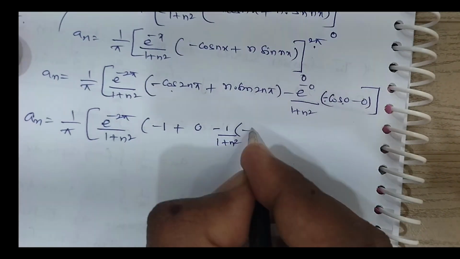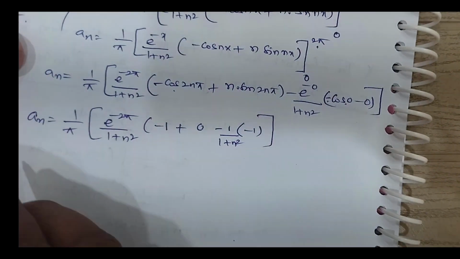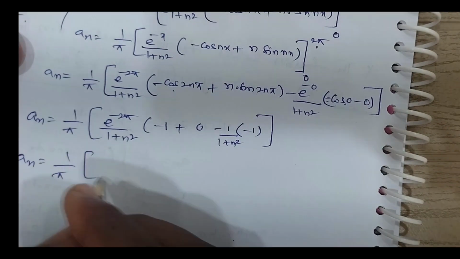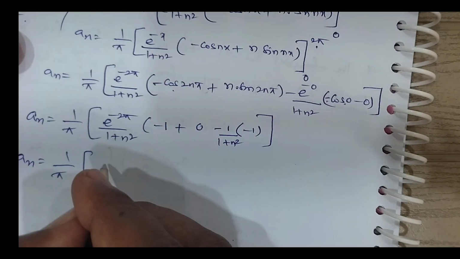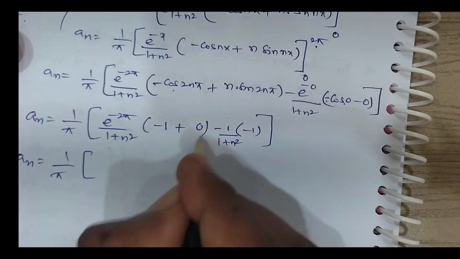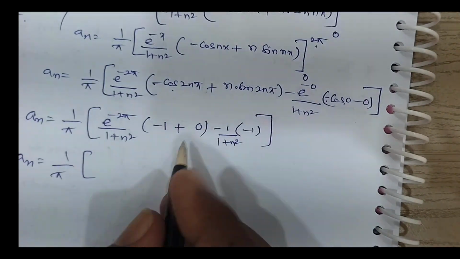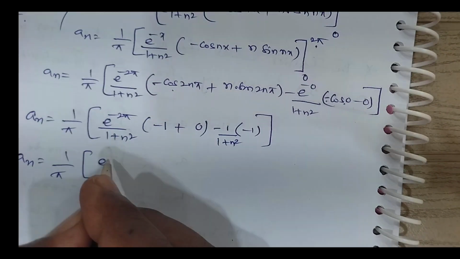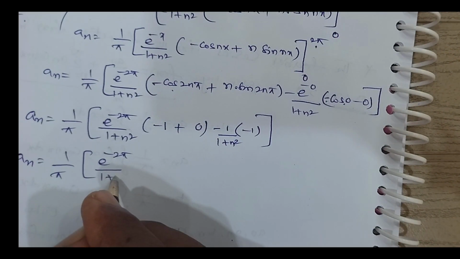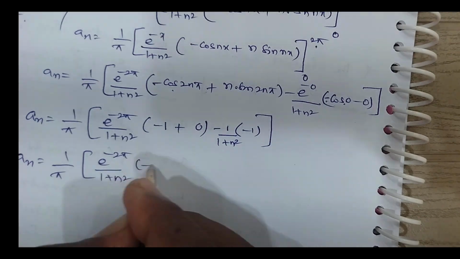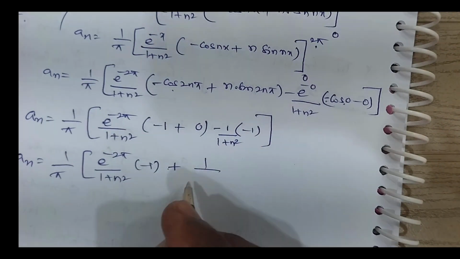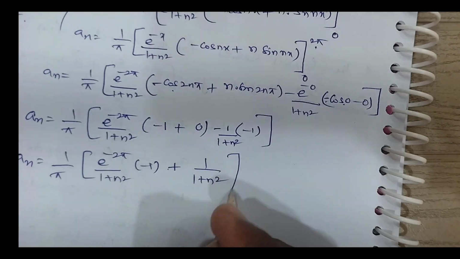So a n is equal to 1 by pi into e power minus 2 pi by 1 plus n square into minus 1, and minus into minus gives plus 1 by 1 plus n square.